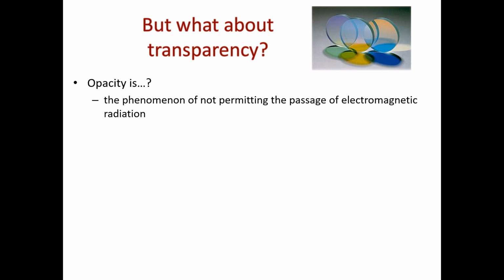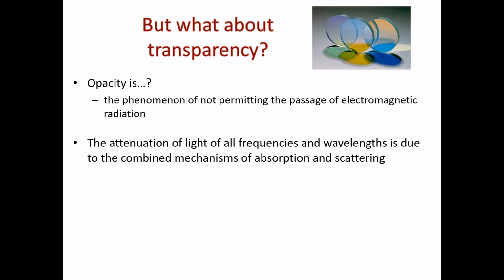So opacity, just in terms of terminology, is basically the opposite of transparency, so it's not permitting the passage of it. You could be opaque to any type of electromagnetic radiation. For the most part, depending on the electromagnetic wave and its wavelength, you're opaque to some of it, often not to all of it, right?